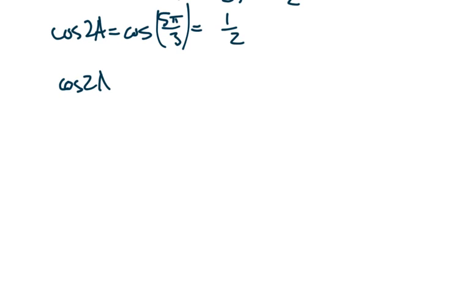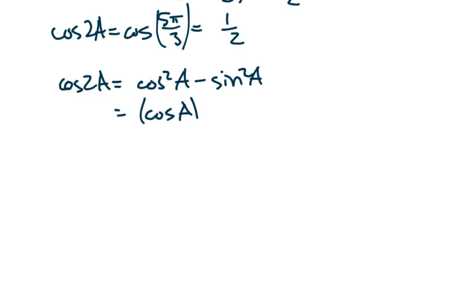cosine of 2a, let's go ahead and use the first one, is cosine squared of a minus sine squared of a. Well, cosine squared of a, remember, means cosine a parentheses squared. This is going to make it easier for us to plug stuff in here.